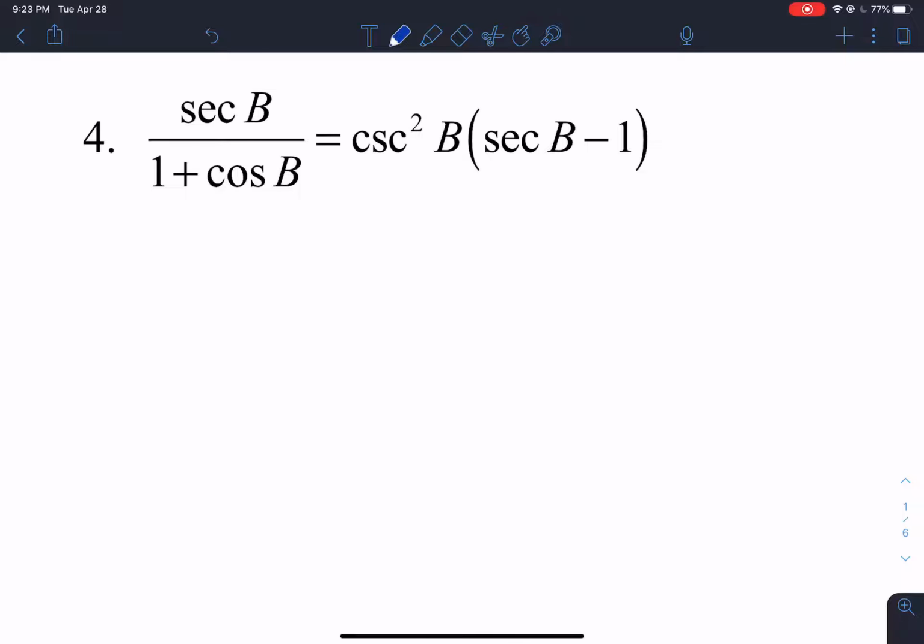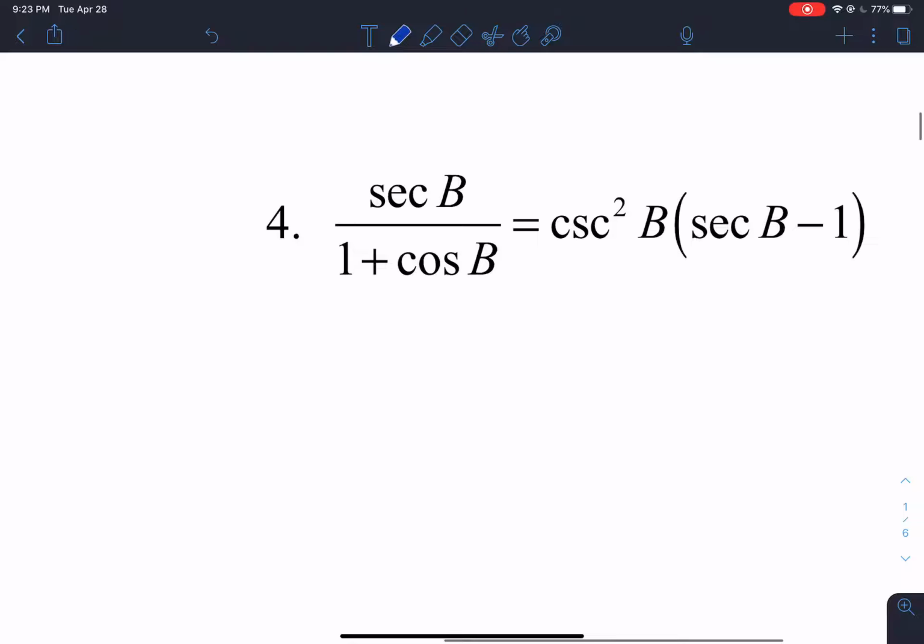Okay, so for number 4, I'm going to do the left side. The reason I'm picking that is because of what I have here in my denominator. I can multiply that by the conjugate of that. So this is going to be 1 minus cosine, and on the top, the same thing.